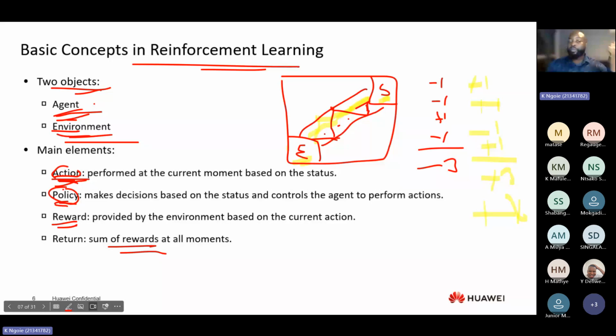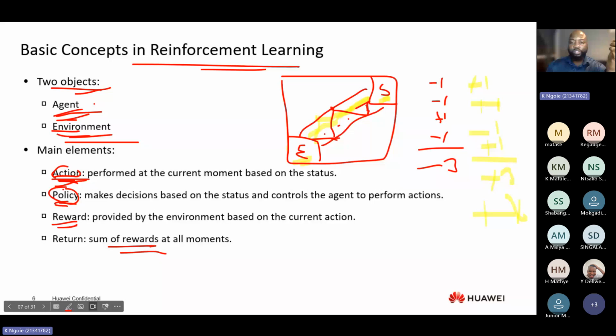So now the reward will just be the signal from the environment to tell the agent that you've taken a good or a bad decision. So, for example, if you're creating a robot that will work as a vacuum cleaner, if it's able to clean dust, it will get a reward, a +1 reward.